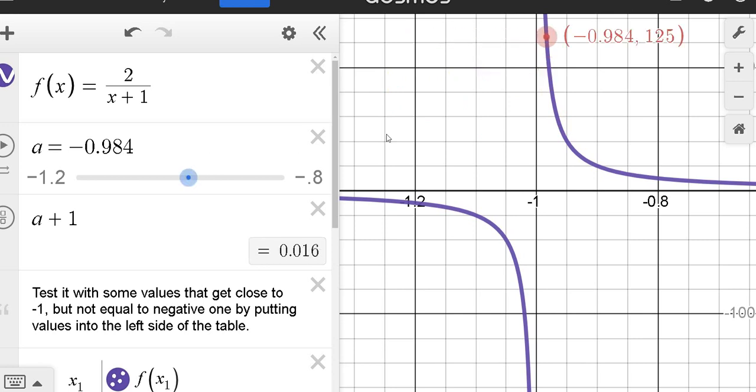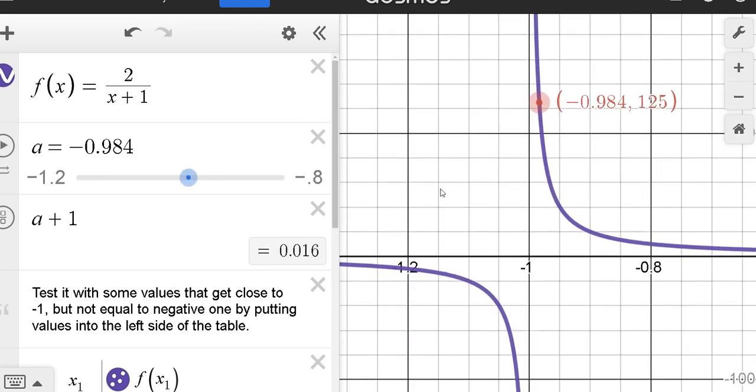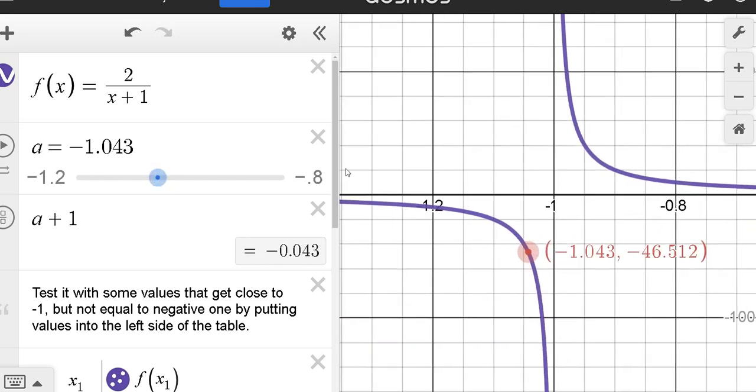It's increasing. It's getting bigger and bigger and bigger. It's moving up that y-axis towards where? What do you think is at the top of this graph? Yeah, positive infinity.